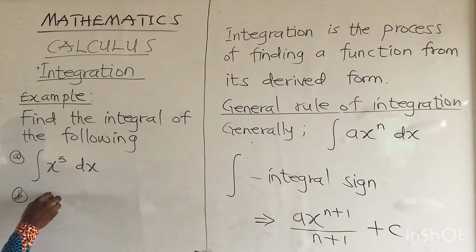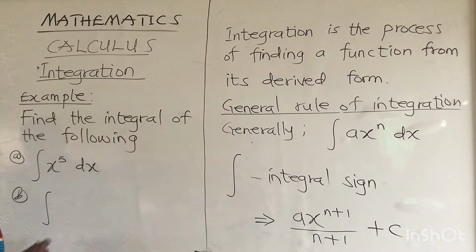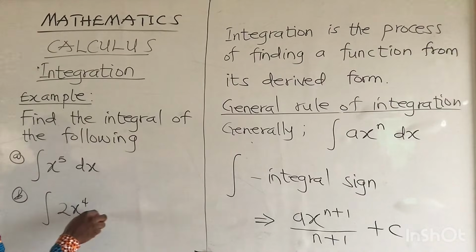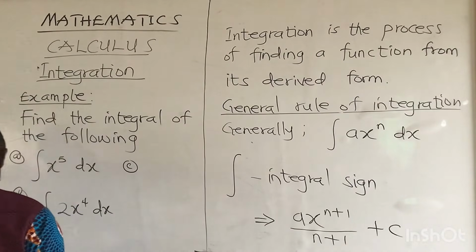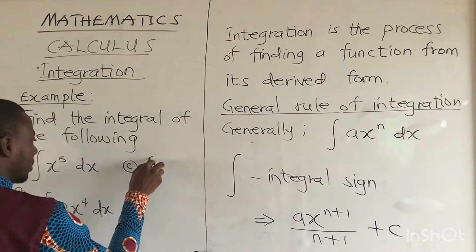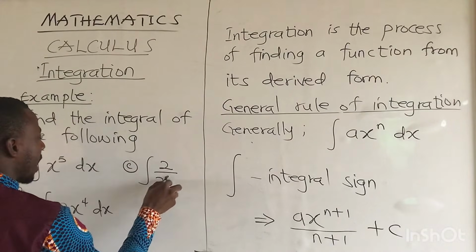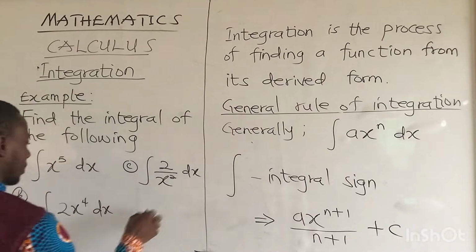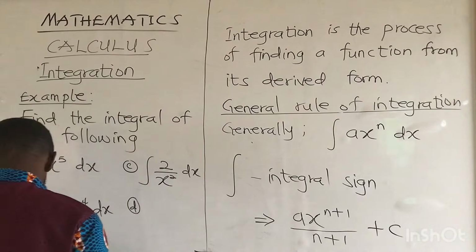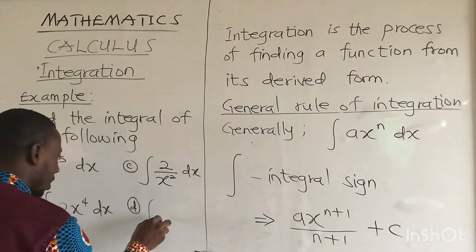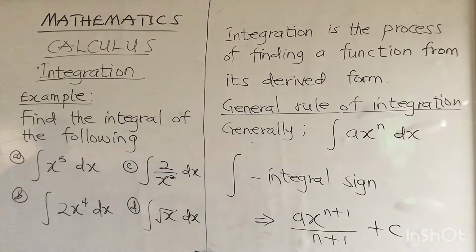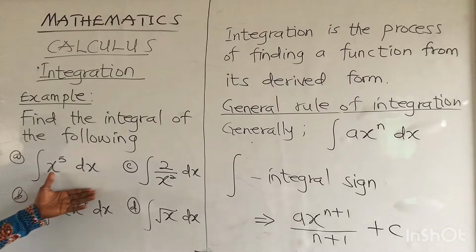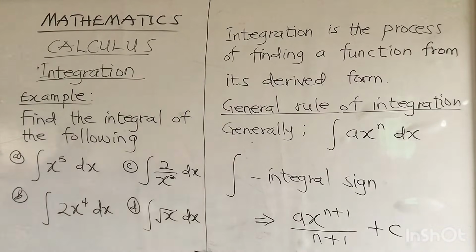B, the integral of 2x power 4 dx. C, the integral of 2 over x squared dx. D, the integral of root x dx. All right, so these are a few examples we are going to look at.